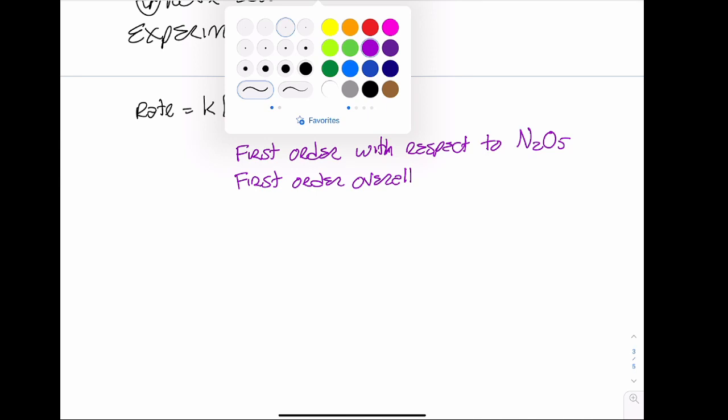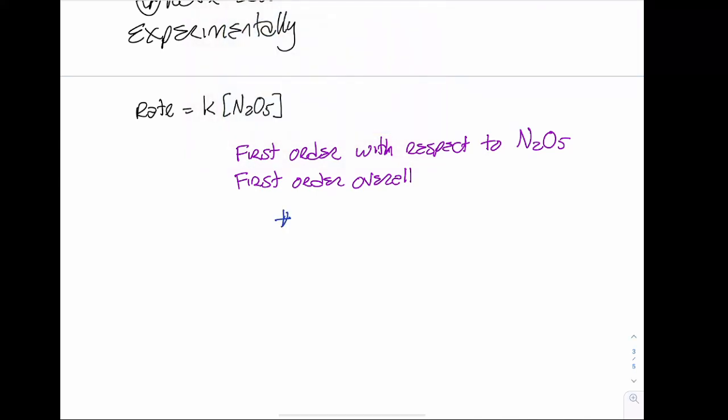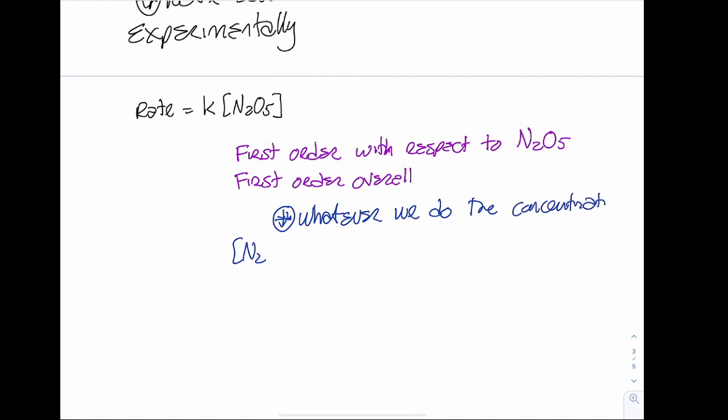So if it's first order, whatever we do to the concentration of N2O5 is also done to the reaction rate.